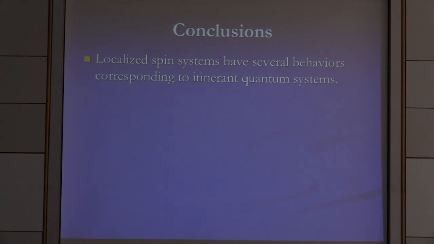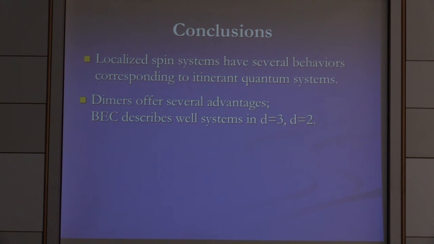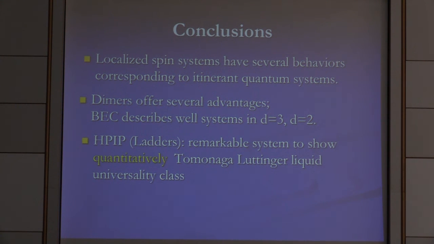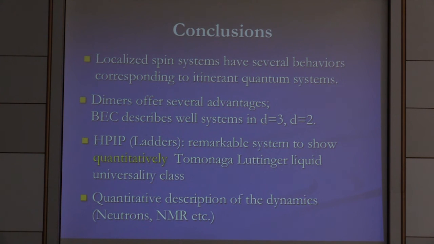Okay, so to conclude, I tried to show you that localized spin systems have very interesting behavior that one can connect to itinerant quantum systems, that the dimers have proven that they can be used to study this type of behavior, that one, I think, remarkable result is that they allow to test quantitatively the Tomonaga-Luttinger liquid predictions, but more interestingly, that the sky is the limit.